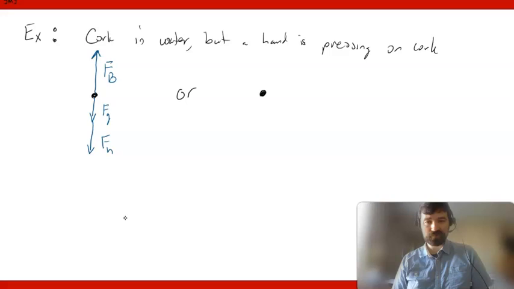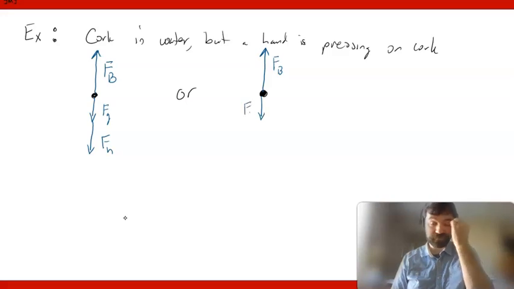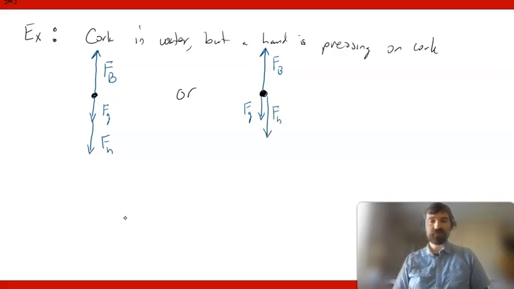Now, in this particular case, where there are two forces known to be in the same direction, sometimes you can also draw the buoyant force pointing upward like this, FB, and then have one force from gravity here, and you can also draw the other force from the hand here. Like this also suffices.